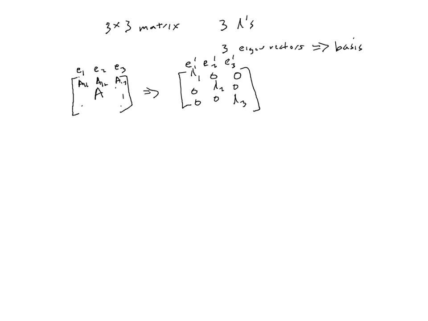If I want to calculate the trace, I could do that, just add up the lambda values. If I want to calculate the determinant, I could just multiply the eigenvalues together. So the determinant of this is just going to be equal to lambda 1, lambda 2, lambda 3.